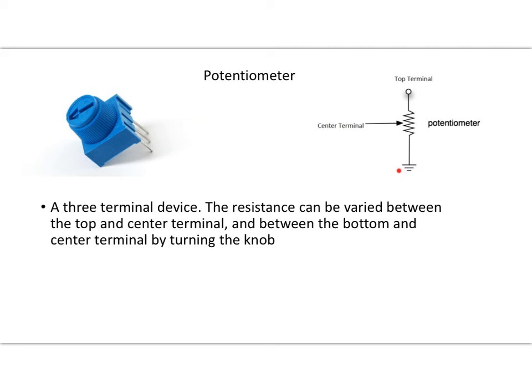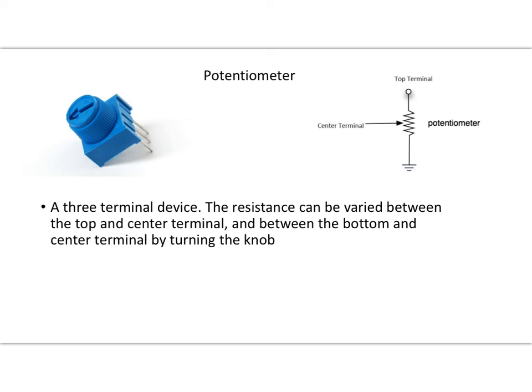The important point is that as you turn this knob on the top, this center terminal moves either down or up. If you're moving it up, it increases the resistance between the center terminal and down here, which is connected to the ground in this diagram, and it decreases the resistance between the center and the top terminal.